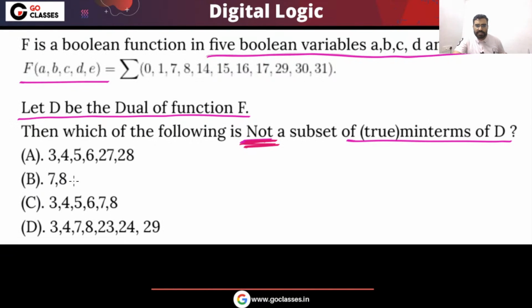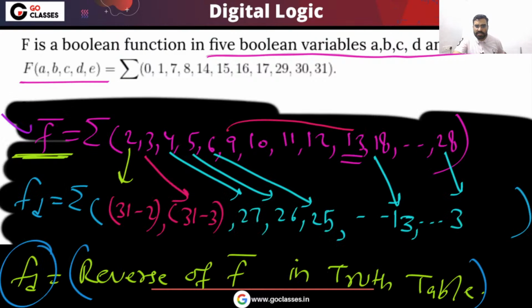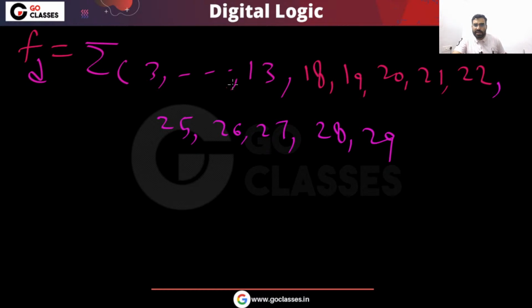Now you can check the answer. This is asking which of the following is not a subset of true minterms of D? 7, 8. Is this a subset of true minterms of D? Yes.